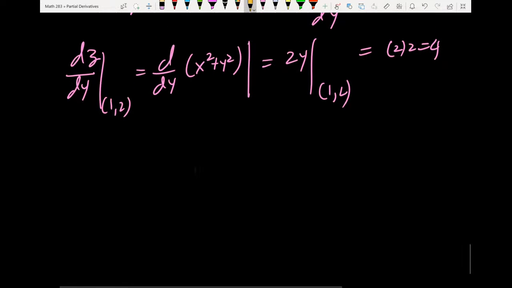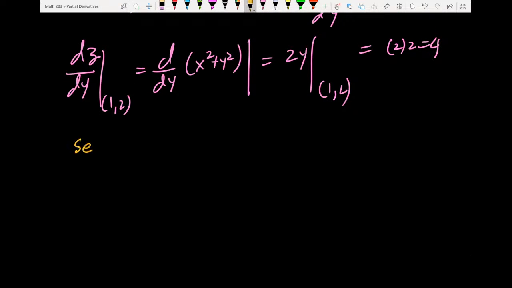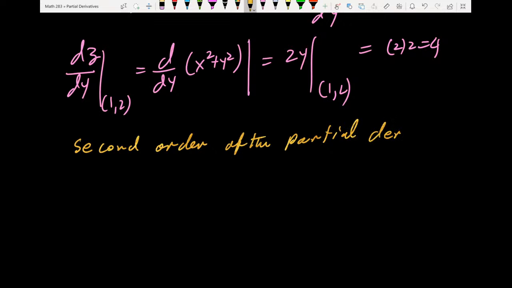Now, second order partial derivatives, which are pretty easy.